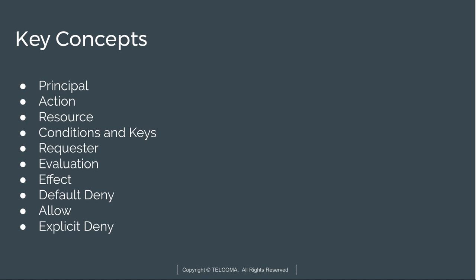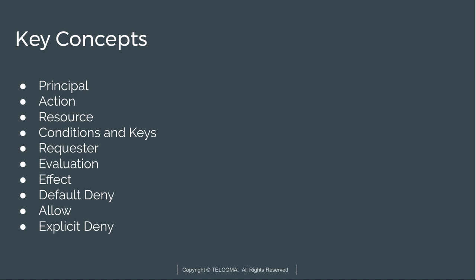Now, the next concept in SNS is requester. A requester is a person who sends a request to Amazon Web Services and asks for access to a particular resource. That means if we are requesting a particular resource, we are the requester.